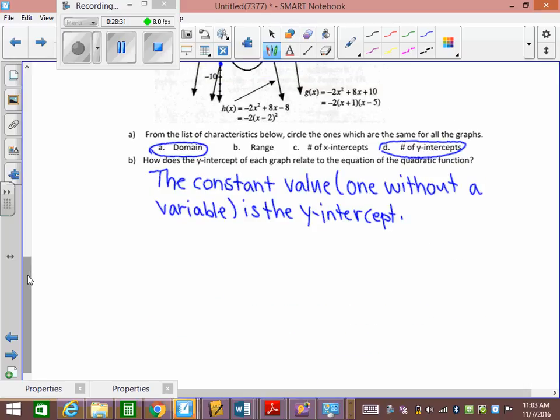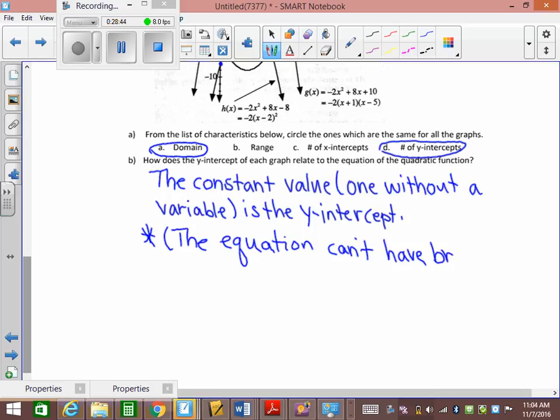Remember, though, the equation can't have brackets, right? So it's the same thing every single time, that constant.